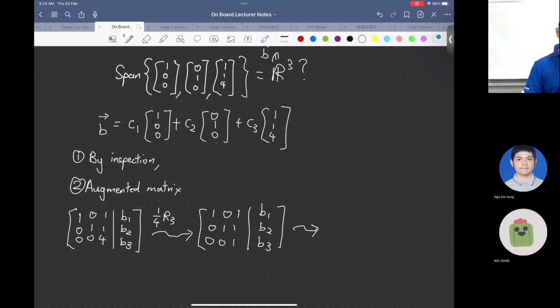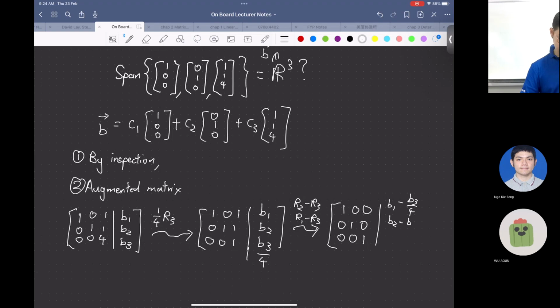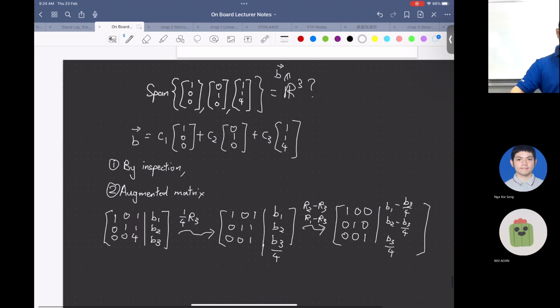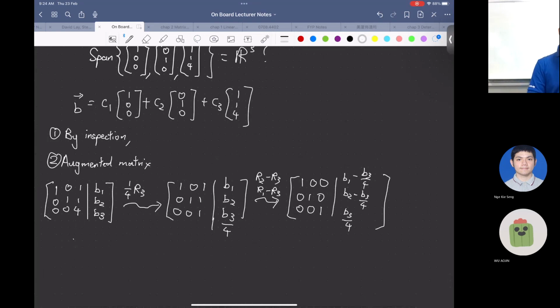Then we can do row 2 minus row 3, row 1 minus row 3. Okay, 1, 0, 0, 0, 1, 0, 0, 0, and we get b1 minus b3 over 4, b2 minus b3 over 4, and b3 over 4. So this will be our C1, C2, and C3.